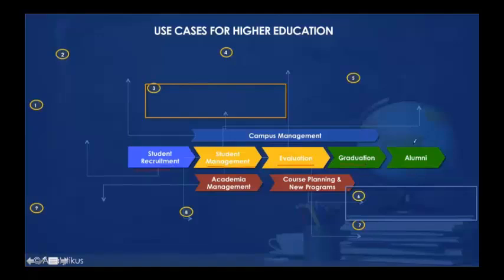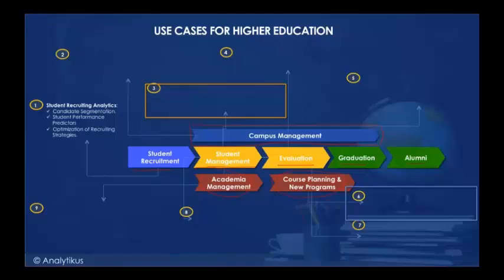Throughout the student life, of course, we have the campus management, and then the academia management, whenever academia is planning for new courses and programs or diplomas. So I'm going to share with you different use cases. On number 3, I'm going to give you additional detail, but I'm going to describe these use cases from a very high level. If you have any questions, please write them in the GoToWebinar tool, and we'll address them in just a second.